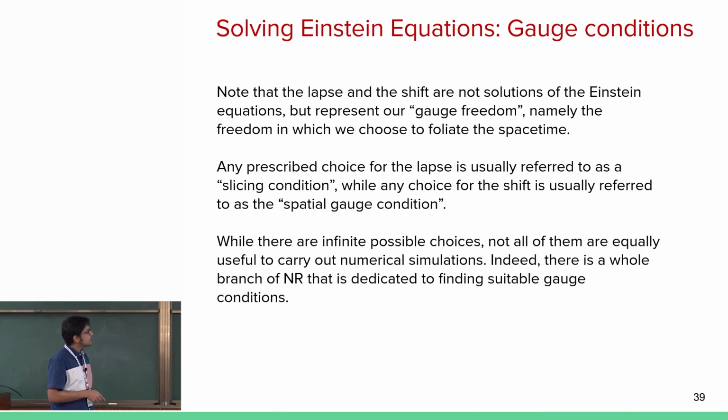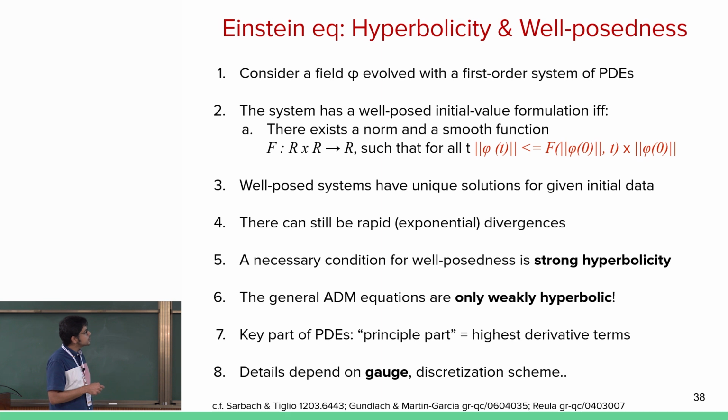Now an important thing to note here is that the choice of your lapse and shift functions can determine the mathematical nature of the final 3+1 evolution equations. Are they strongly hyperbolic, are they weakly hyperbolic, and so on.